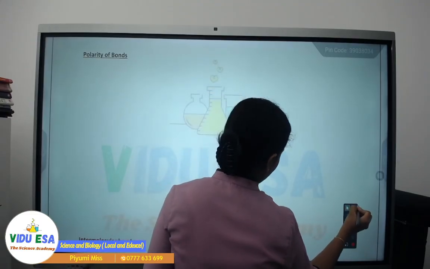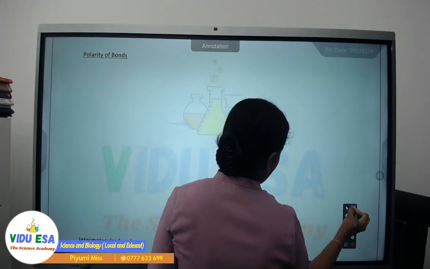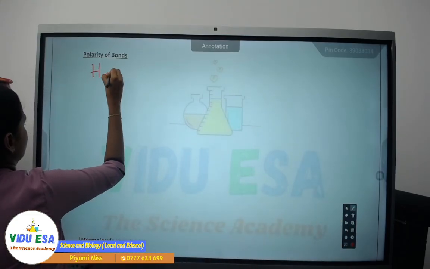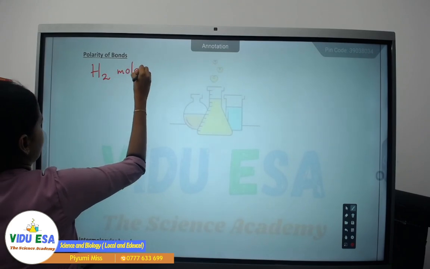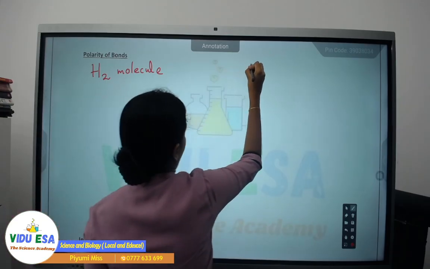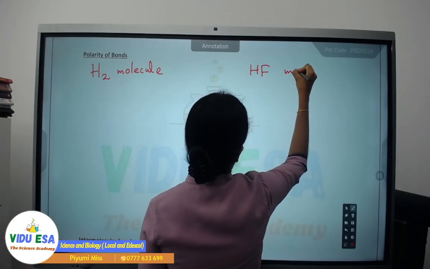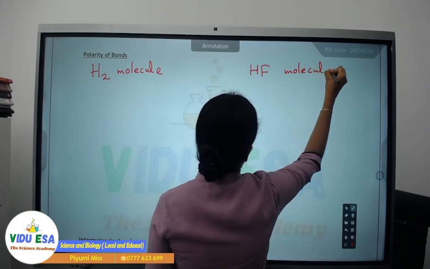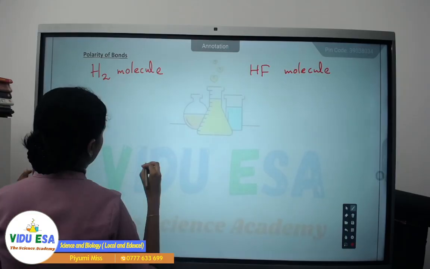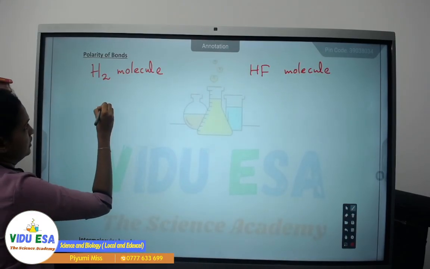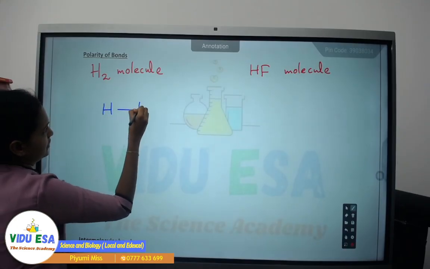Then I am going to take two examples. I will consider the hydrogen molecule, H2 molecule, and HF molecule, hydrogen fluoride. Here one hydrogen atom is bound to another hydrogen atom.